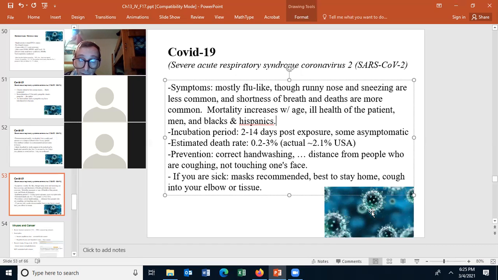Usually when you get infected, you will mount an immune response. But it seems like with COVID-19, there is a percentage of the people, and I don't know what that number is, a minority of the people, who don't seem to mount an immune response. These people should get the vaccine because if they're not mounting an immune response, that means they could get it multiple times.